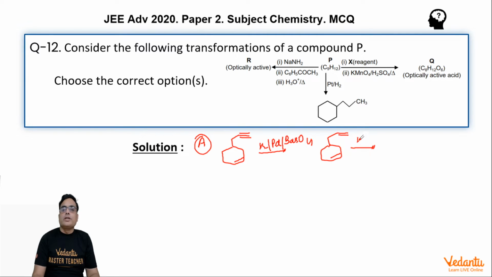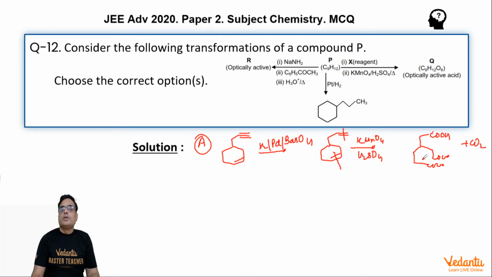And when you treat it with hot KMnO4 in presence of H2SO4, this bond will be broken from here and from here, right? So you get one COOH at this position, and one COOH at this position, and one at this position.